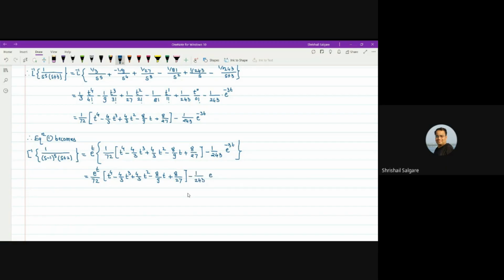What should I write in the power? Because this e raised to t you are multiplying with this term. Yes, e to the power minus 2t. Okay, this is the final answer. Any doubt? Very rarely such type of examples will come. If any doubt we will take it, otherwise we will move to the next one.